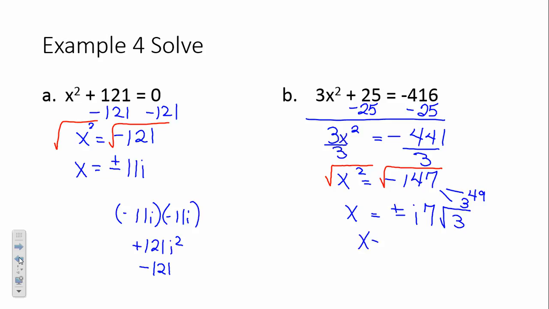So x equals, we always write our plus or minus first. We like to write our 7 in front of our i and our square root of 3 at the end. And that's just the way typography, that's the way they do it in all the books.